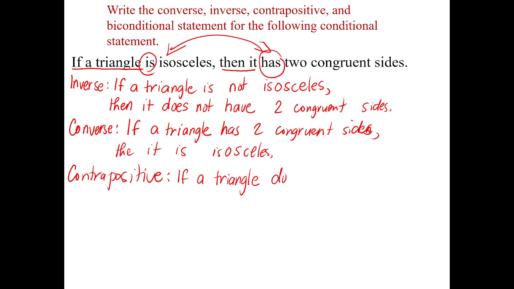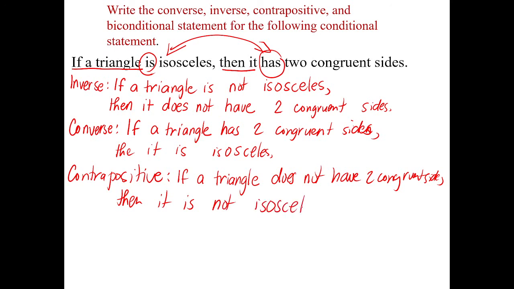If a triangle does not have two congruent sides, then it is not isosceles. Okay, biconditional ta. Apilo na to para ma-practice tas biconditional.